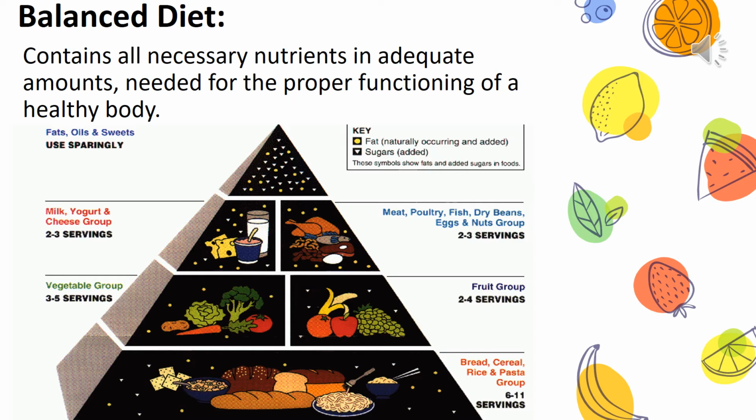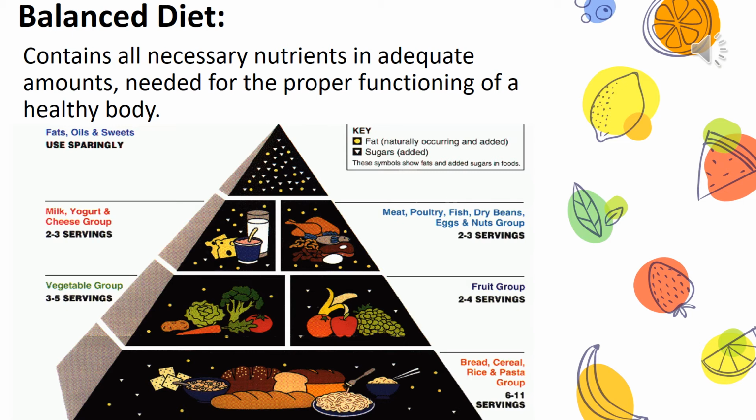Our body needs all the nutrients in the right amount to remain in good health. Lack or excess of nutrients in our diet leads to poor health. Therefore, we need to eat a combination of various foods forming a balanced diet. Now, what is a balanced diet?